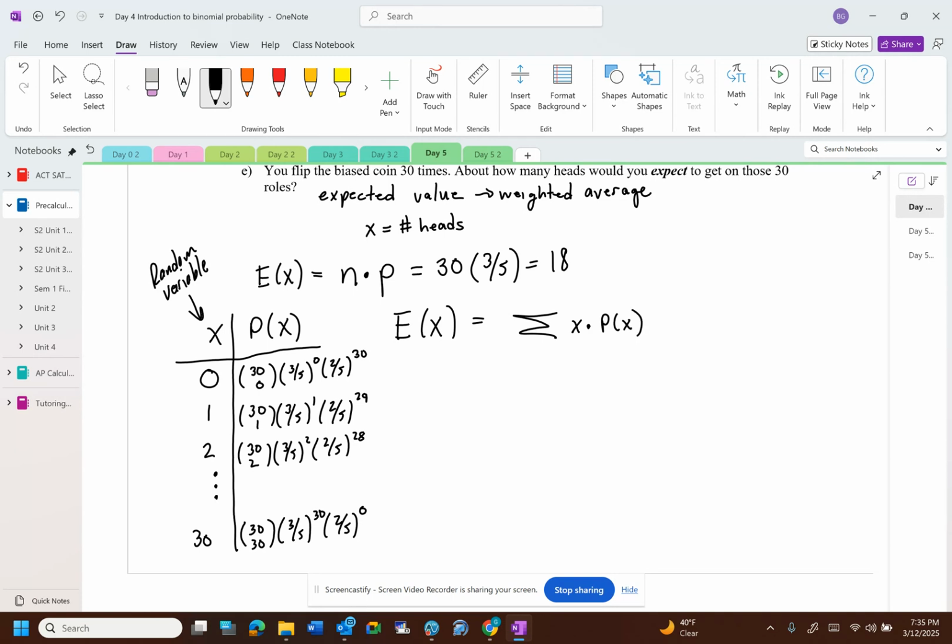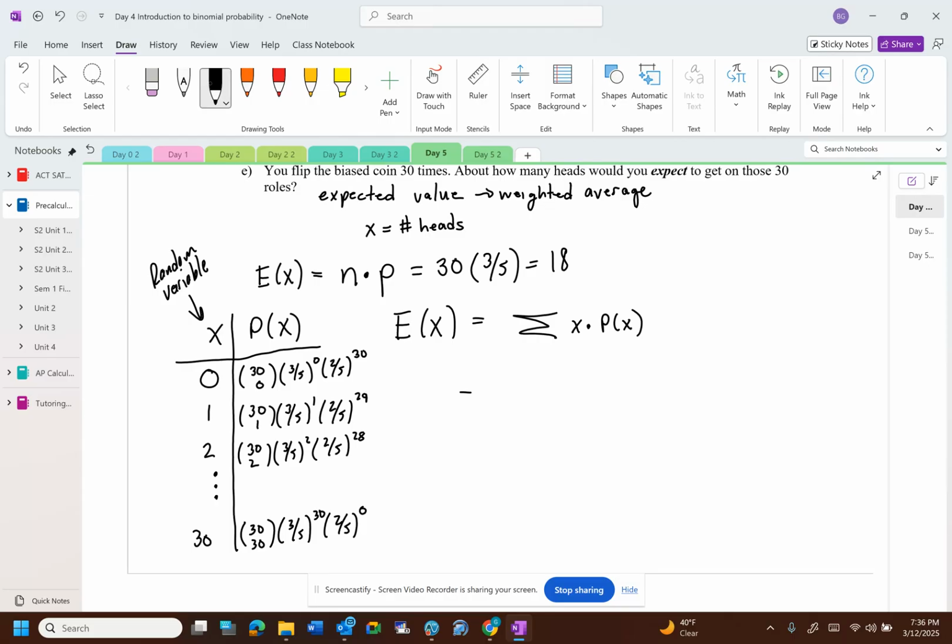This notation is shorthand, but what it means is take every value of the random variable, multiply it by its probability, and add them up as a weighted average. So 0 occurs a certain percentage of the time, 1 occurs a certain percentage of the time, 2 occurs a certain percentage of the time. Okay? So you can calculate it that way.